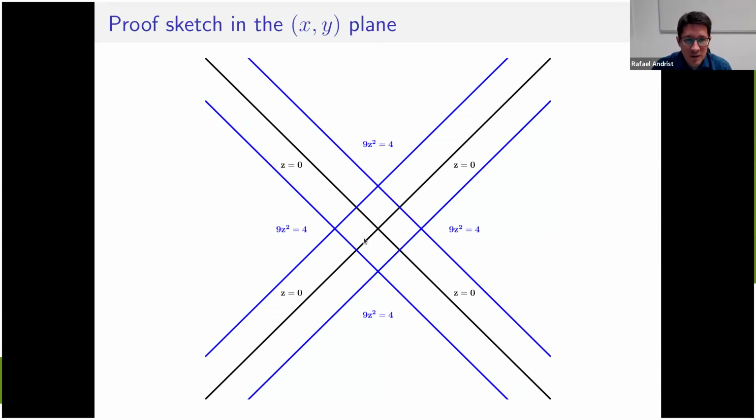And I remove this set where z is equal to 0, just because the singularity has this coordinate, and I remove the set where the argument in the cosine or the sine would be 0. It turns out when you do the computation that you get 2 lines, and it's two-sheeted, so you get 4 lines. So this is the picture, and the blue and the black lines are lines that we want to avoid. Of course, this is just a real picture, so the complement of these lines is, of course, connected.